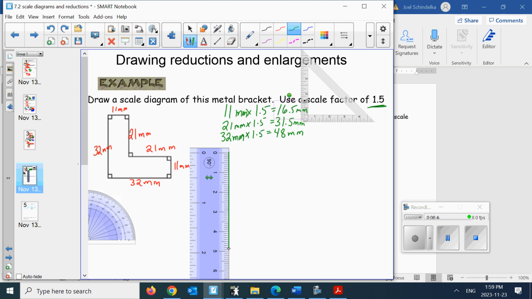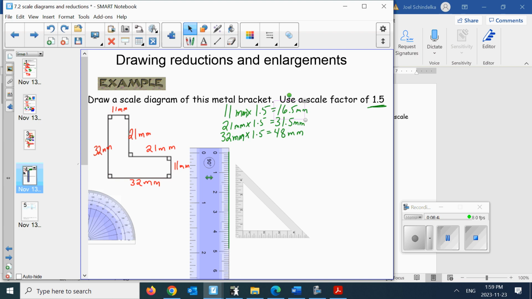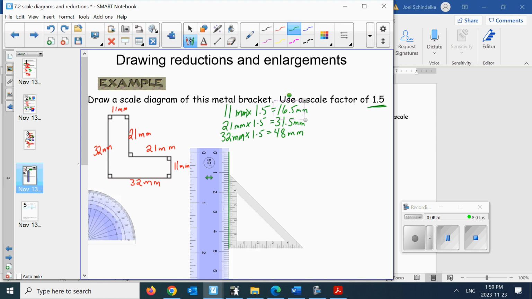Then, because you guys have those triangles, you're going to take the triangle and make sure that the edge of the triangle marks the 90 degrees. Just put a dot on there so you know we're 90 degrees. I put my dot right there so that I know it's a perfect 90.